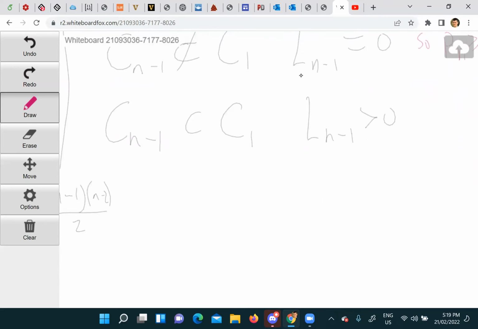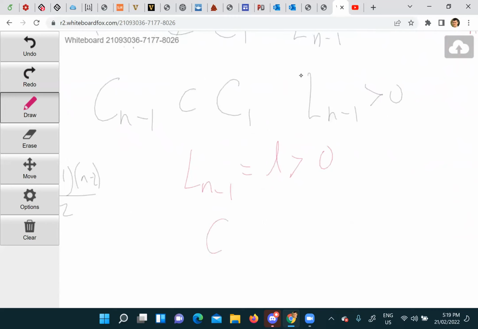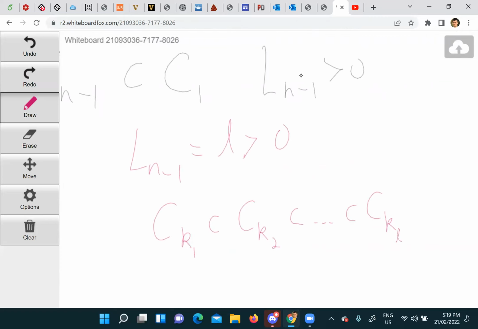See, so you consider if Ln minus 1 equals L, greater than 0, yeah? So that means there's a sequence: CK1, CK2, up to CKL.